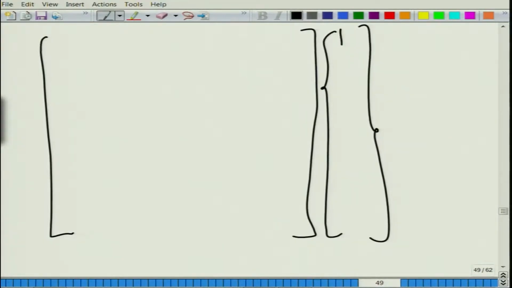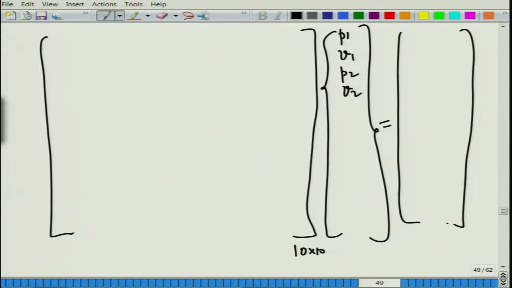So, P1 V1, P2 V2, and eventually at the end of the day we want P6 V6, is not it? This would be your 10 cross 10 matrix, and this would be your also rectangular matrix, 10 cross 2 matrix, and here you have your P6 and V6.